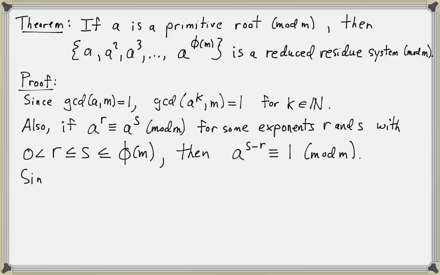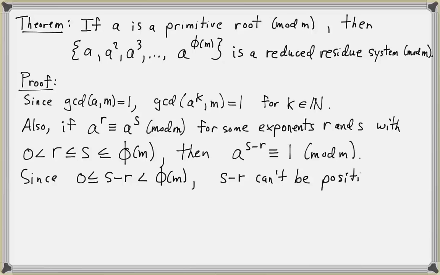But since s minus r is greater than or equal to 0, and that must be less than phi of m, we see that s minus r can't be positive, because the order of a is phi of m. That would contradict the definition of the order of a.